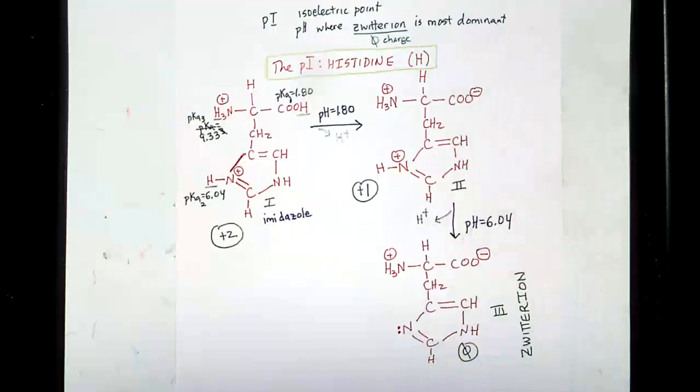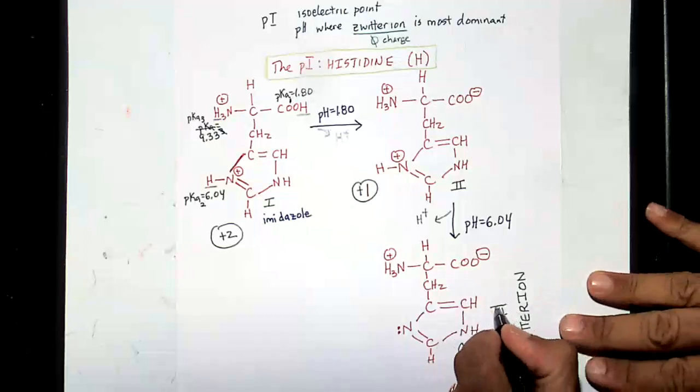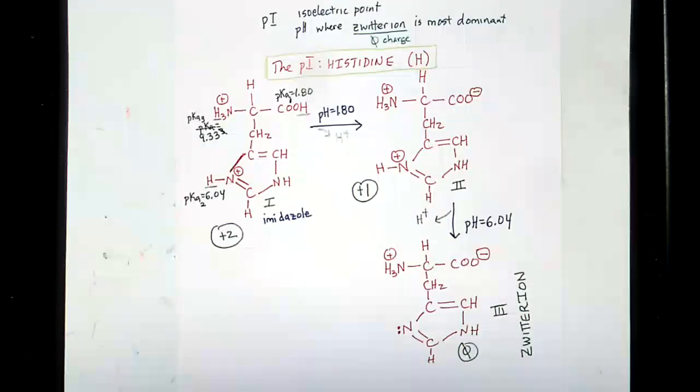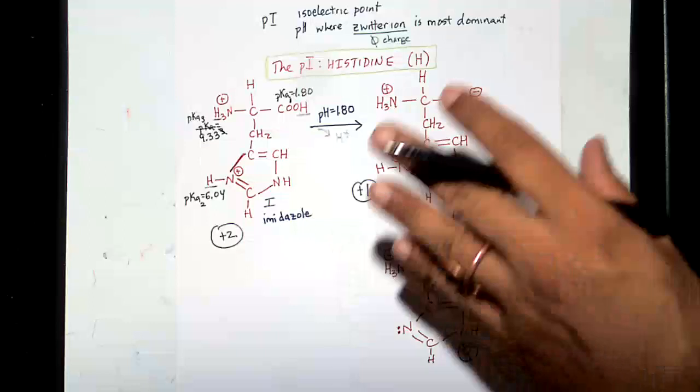By the way, at pH 6.04, how much do we have? That is correct. We have 50% of form 2 and 50% of form 3. As we move away from 6.04, let's say pH 7 or pH 8, what do we have more of?